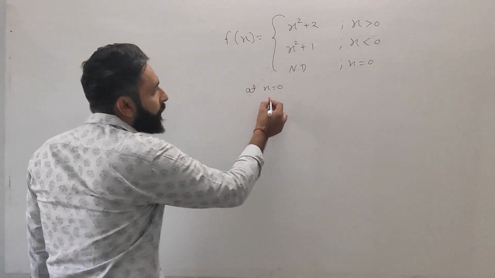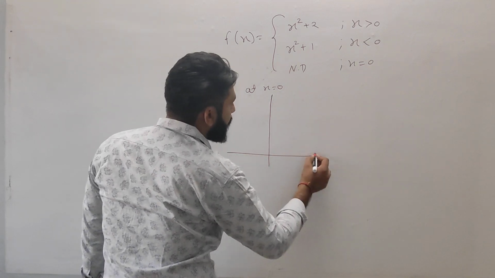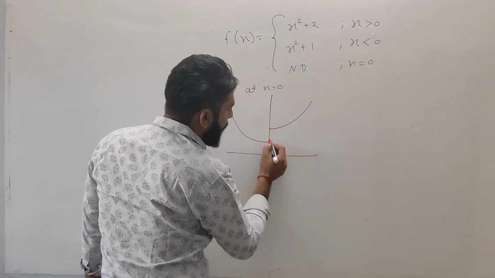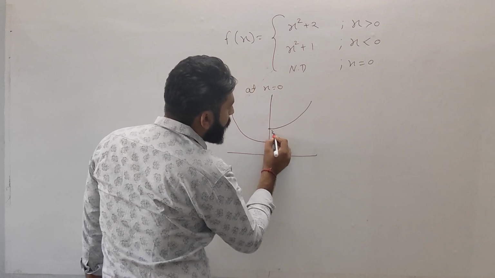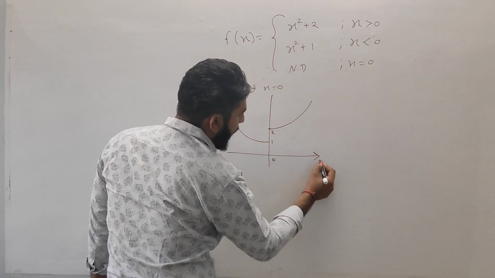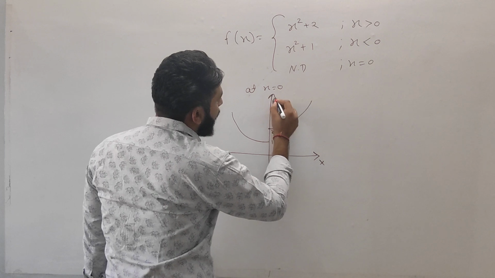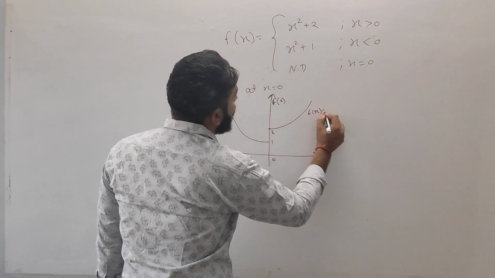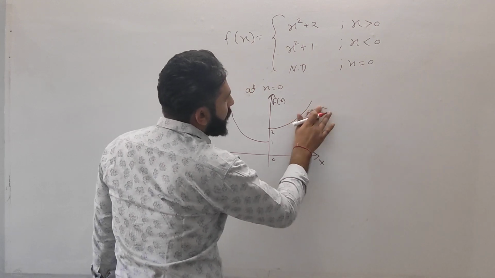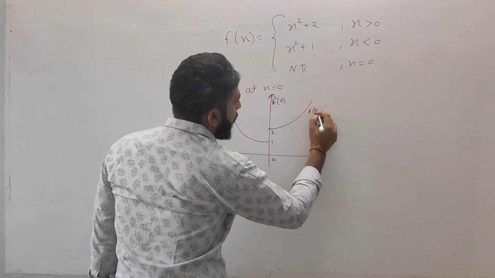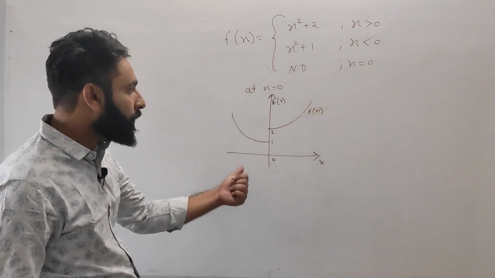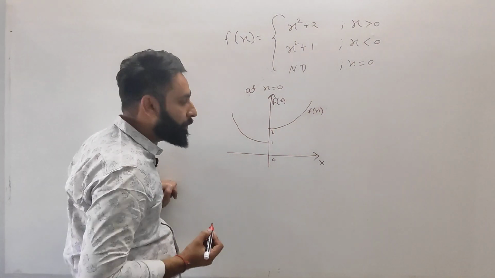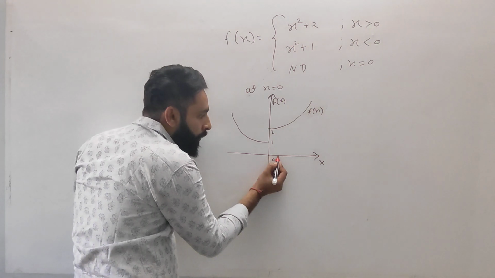So we calculate the limit at x is equal to 0. First we draw the graph of this function. The graph of the function looks like this. This is 2, this is 1, this is 0, this is the x axis, this is f of x. We have to check the limit at x is equal to 0, which means at this point we have two ways to approach.